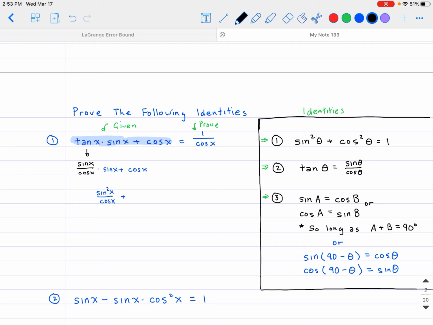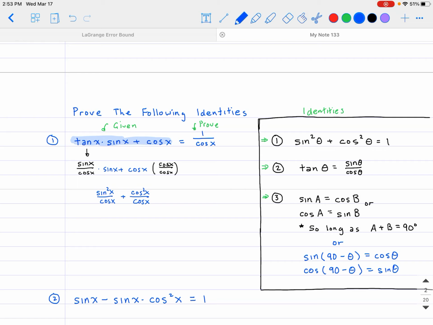So let's take the second term and multiply cosine of x divided by cosine of x to both top and bottom. That way we get a common denominator. If I do so, then now we have cosine squared of x divided by cosine of x. The reason I want a common denominator is so that I can combine the two terms.